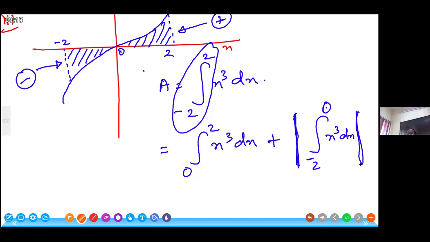After integrating, you get the absolute value.